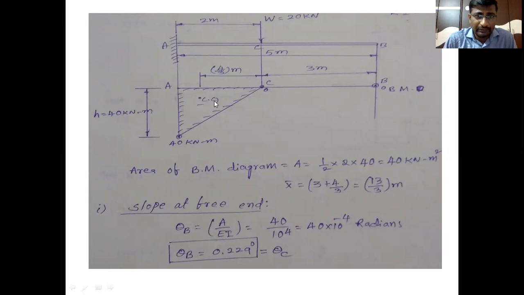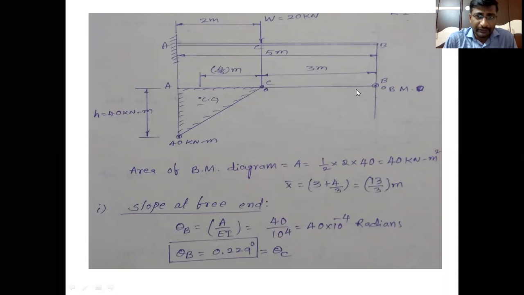So X bar here, if you want to find the deflection at point B, you have to take the distance from point B to CG. 3 meters plus this distance is 4 by 3. Because 2 meters is the length, 2 into 2 by 3 is the distance to CG. So 3 plus 4 by 3 is 13 by 3 meters from point B.